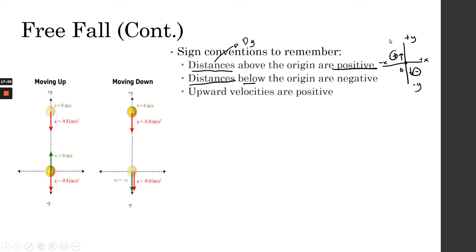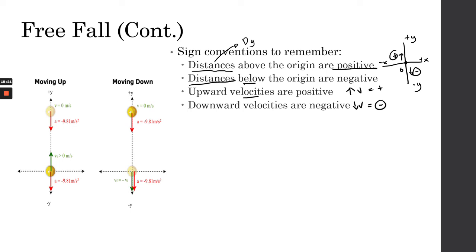Moreover, not only distances, but also velocity. Upward velocity is positive. All the velocities moving downward would be negative velocities. So the negative and the positive sign is direction. Like I've said a lot of times, when we are dealing with negative signs in this scenario, we are talking about the direction.